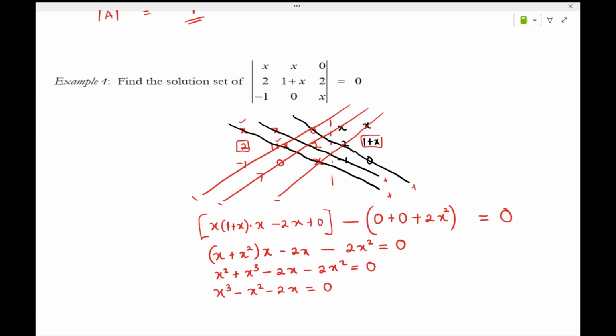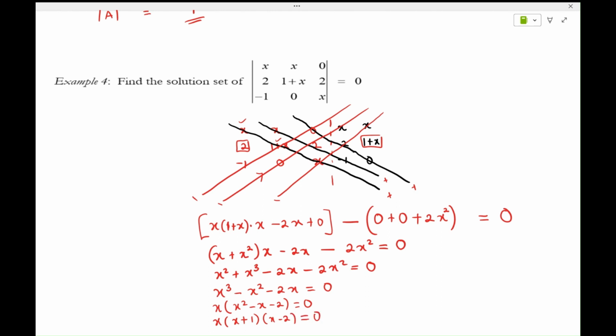Then we can solve this easily by taking x as a common factor. We have x times (x squared minus x minus 2) equals 0. So we can factorize this easily as (x plus 1) and (x minus 2) equals 0.